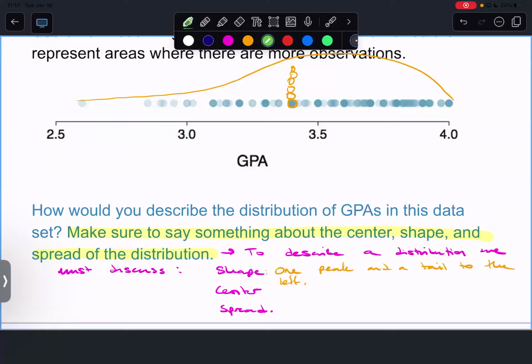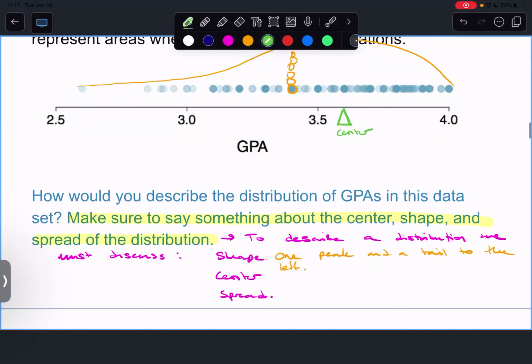Oh my gosh, I've said too much. You've kind of got this balancing scale, and that's approximately where your center is. The center of balance. Center is at the balancing point. Roughly.